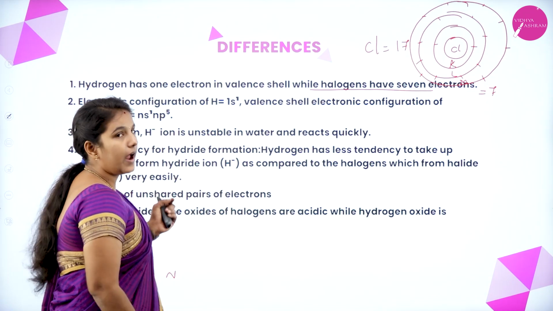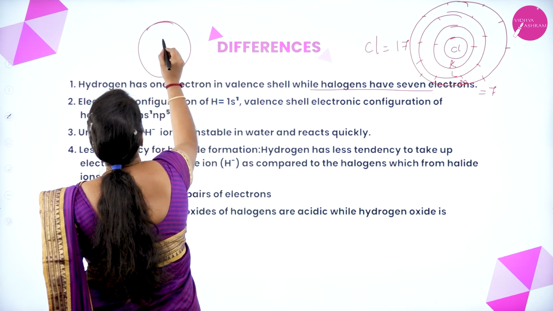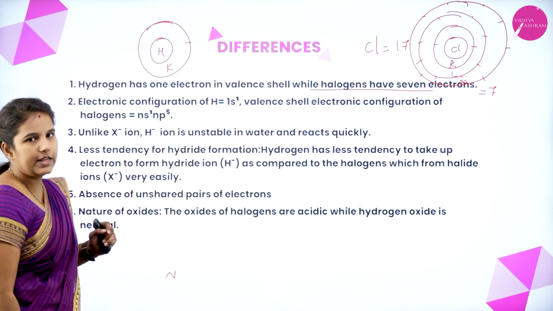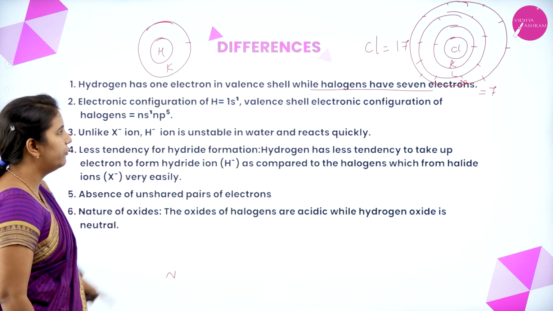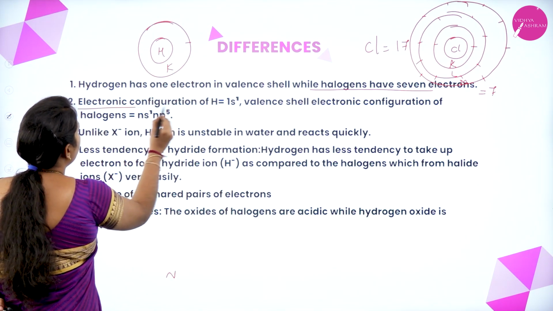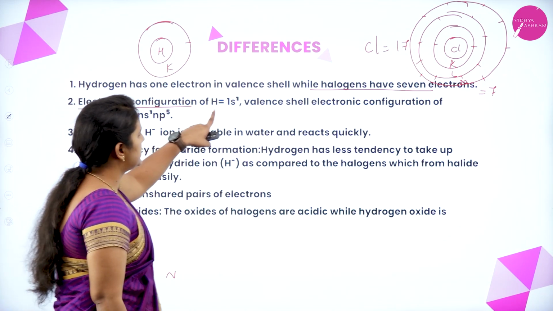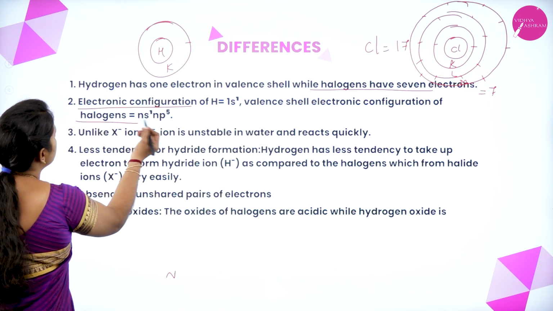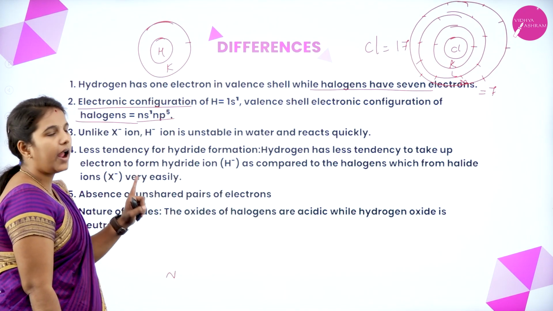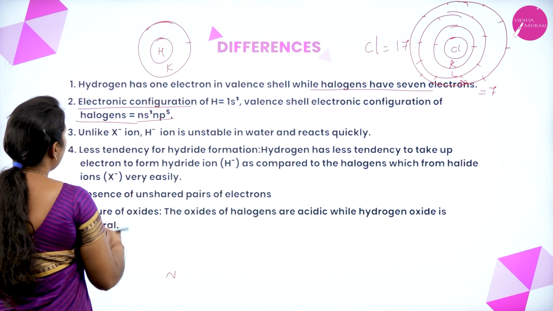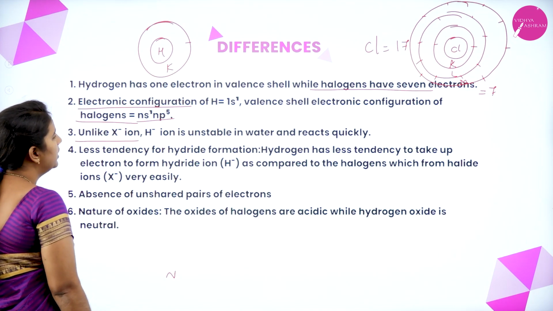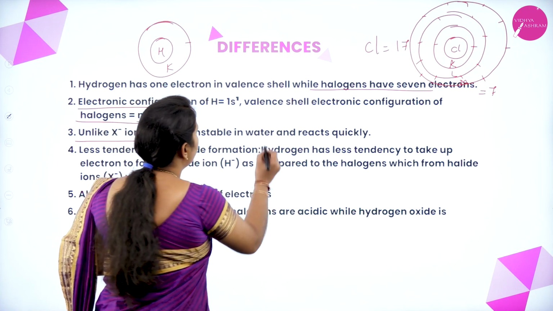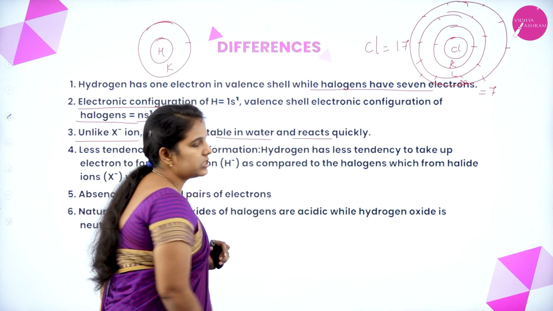Whereas in hydrogen, we know that it has only 1 electron in the K shell, hence the valency is 1. The electronic configuration of hydrogen is 1s1, and the electronic configuration of halogens is ns2 np5. Like the halide ions, H- ions are also unstable in water and react quickly.